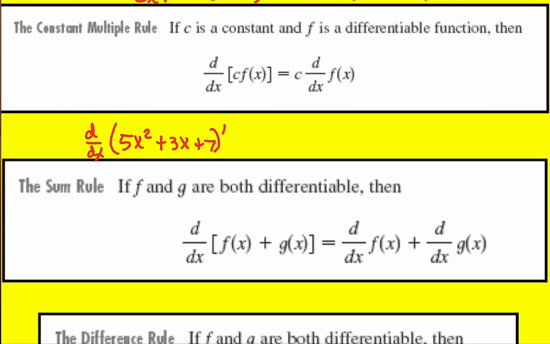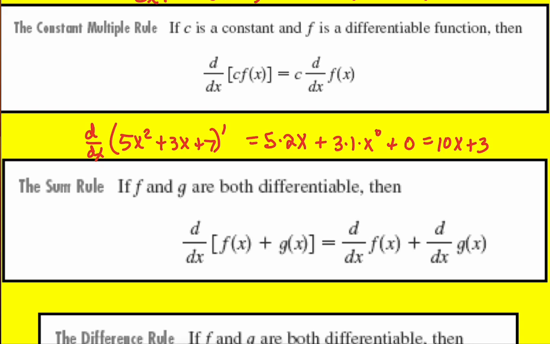And so if we follow the rules, this first one, the 5 sticks along for the ride, we multiply by 2, the power goes down to 1. The 1 drops down, the power goes to 0. What is the derivative of the constant 7? What is the derivative of a constant? 0. So our answer is 10x plus 3. A lot quicker than what we were doing.